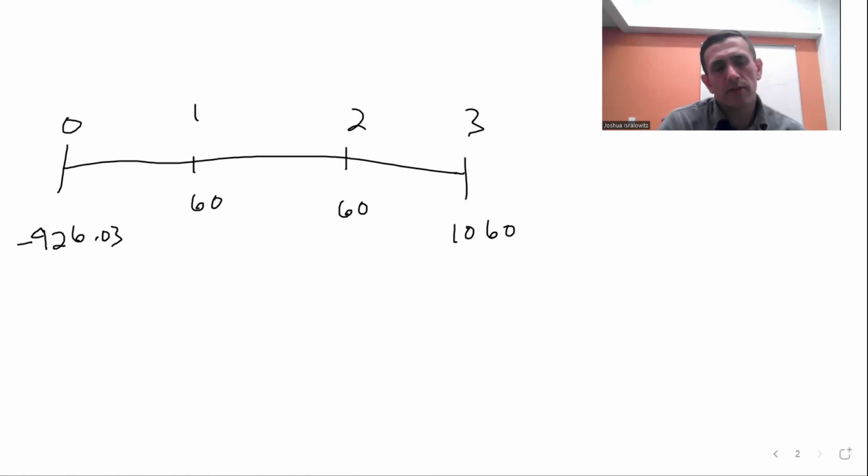I'll even just leave it as rounded to the nearest cent. Next is 60, and if you'd prefer, you can even just say this is repeated twice. Then 1060. Enter IRR, compute, and we get 8.918.